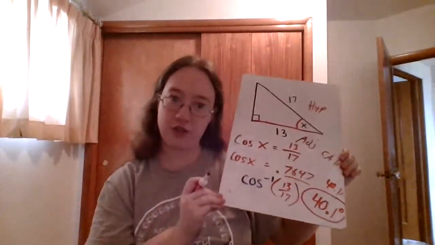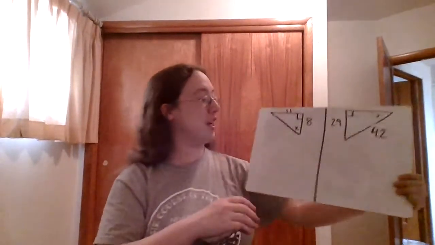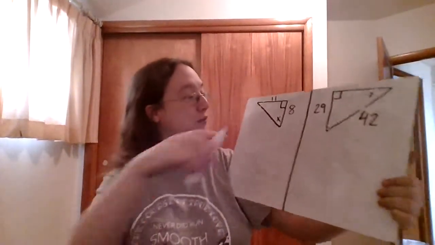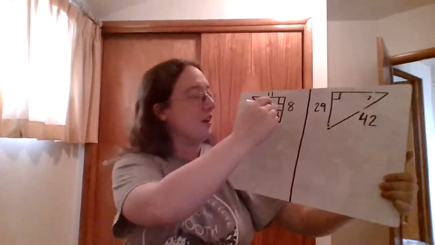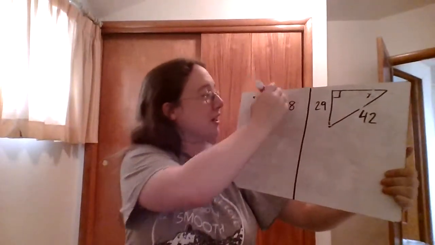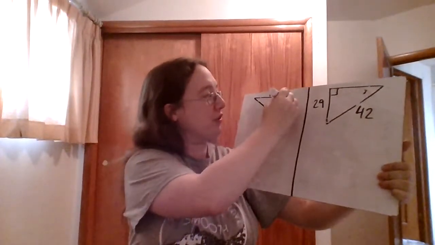Okay, let's try another one. And same sort of thing as last time. Really, the big thing here is watching out for, are we using our sine, are we using our cosine, or are we using our tangent? So if we're looking for this angle, this is our opposite side, because it's the one that's not touching it. This one's our adjacent side.